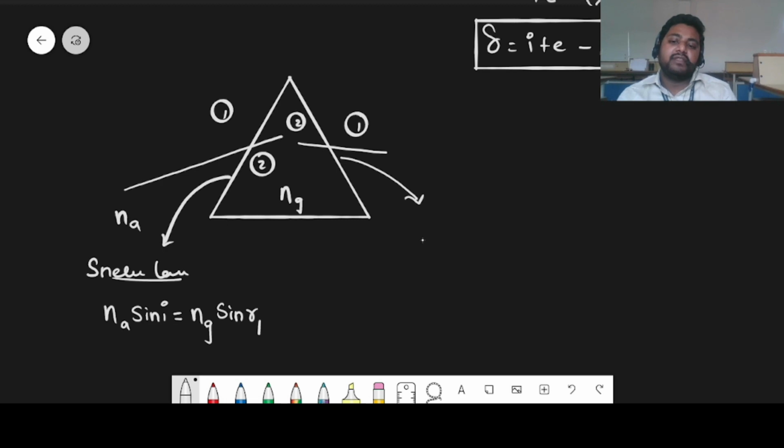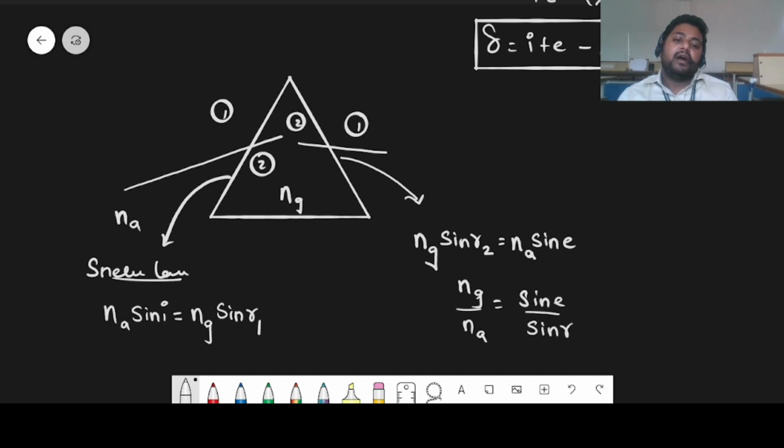If you are doing the same for the second surface, refractive index into sine of angle in that medium equals refractive index of air into sine of angle in that particular medium, E. So you can write Ng by Na, the refractive index of glass with respect to air, as sine E divided by sine R2.